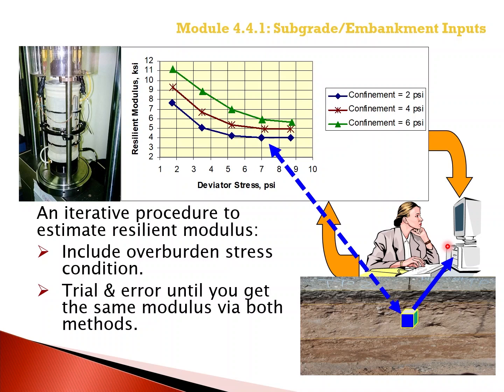So this is a trial and error procedure until you get basically the same modulus via both methods, the theory versus what's measured in the laboratory. Just a comment on what represents the same. This is basically the standard error from the resilient modulus test.